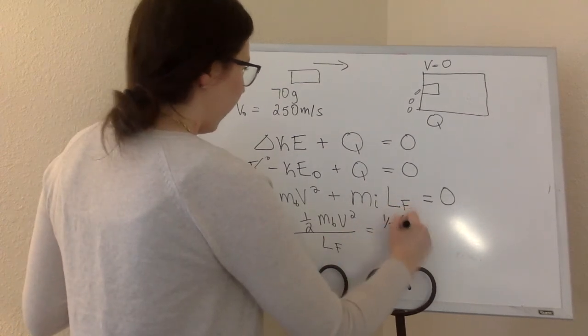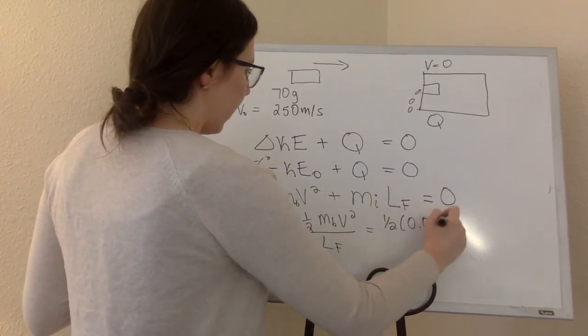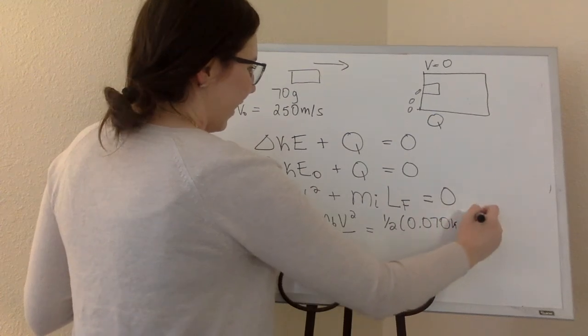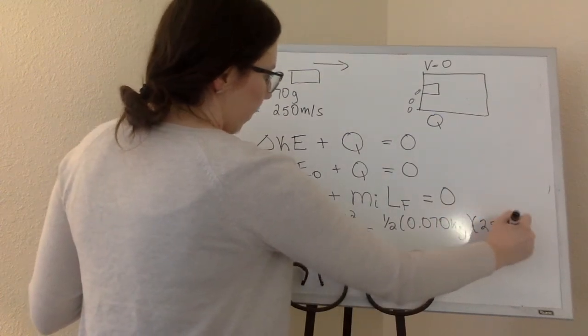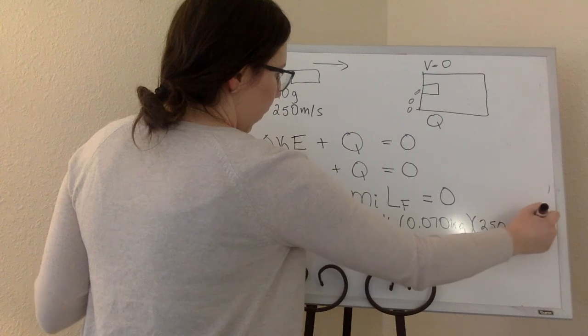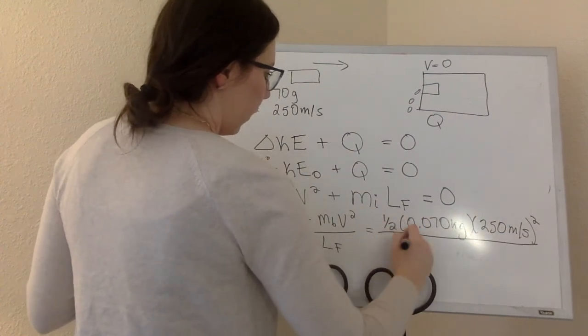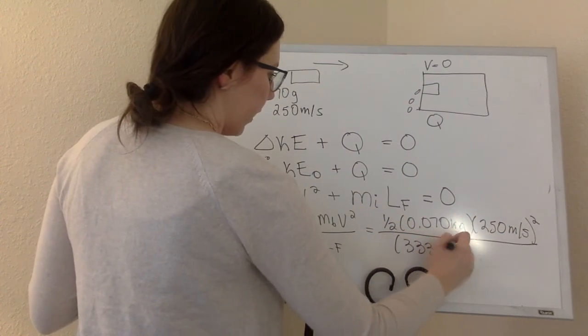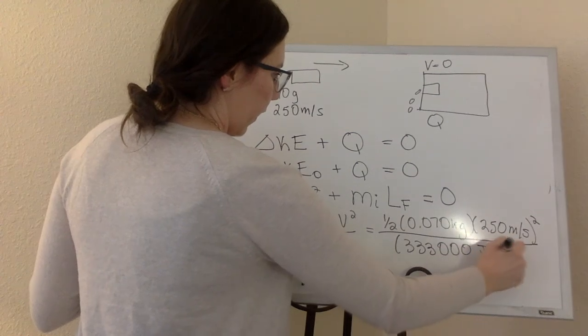So 1/2 times 0.070 kilograms times 250 meters per second squared, all over 333,000 joules per kilogram.